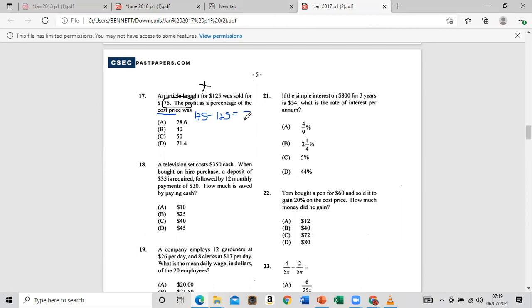Big up all the hustlers out there. Now we're going to find it as a percentage of the cost price. The cost price was $125, so we multiply by 100. So 25 into this 2, 25 into this 5, 5 into this 1, 20. 2 times 20, that's 40%.